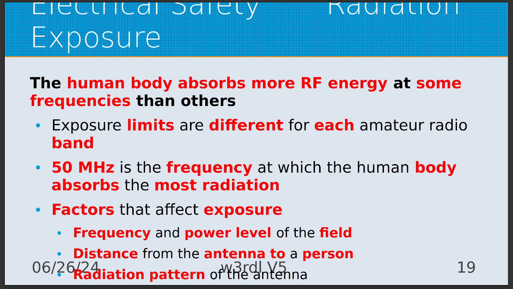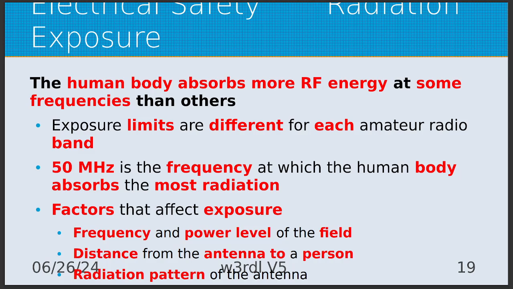The human body absorbs more RF energy at some frequencies than others. Remember, I touched on this a minute ago. Exposure limits are different for each amateur radio band. The 50 megahertz band, which is the 6-meter band, is the frequency at which a human body absorbs the most radiation. Going lower or higher from there, within reason, it drops.